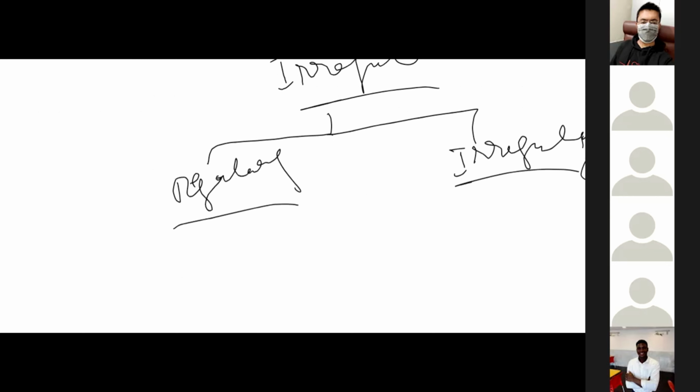Most people may know about it. How will you differentiate between regular rhythm, regularly irregular rhythm and irregularly irregular rhythm? There's a card method.